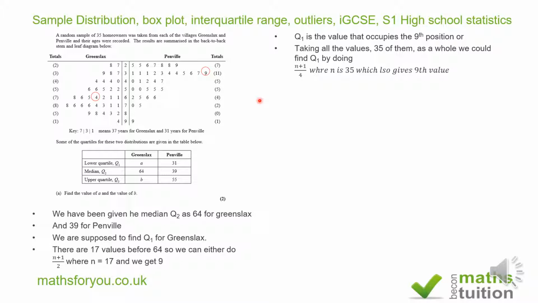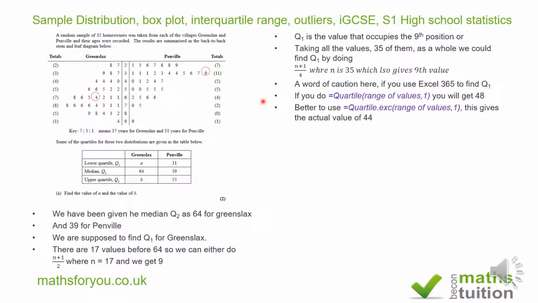I tried finding this value using Excel, and it did not work, because if I did the usual equals QUARTILE, the range of values, comma 1, I got 48, which is not right. But when I did QUARTILE.EXC and the range of values, comma 1, that gives a value of 44. So you have to be very careful when you do this.